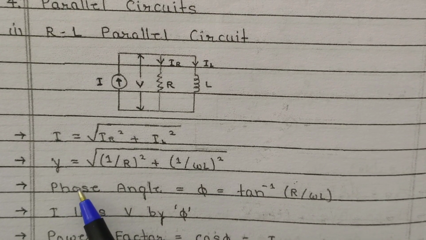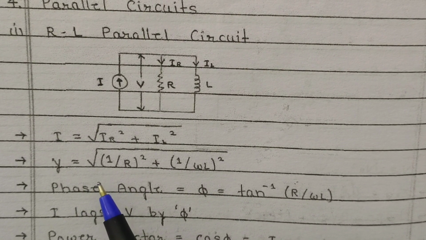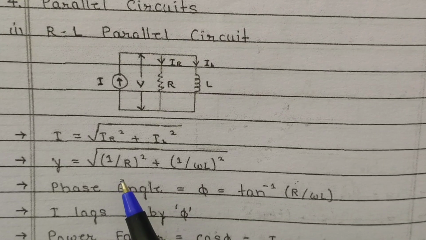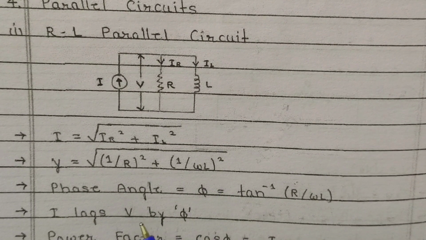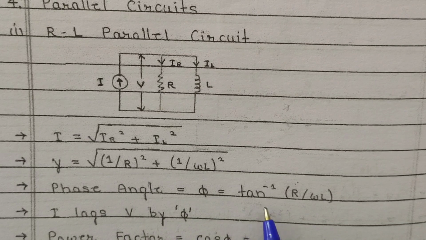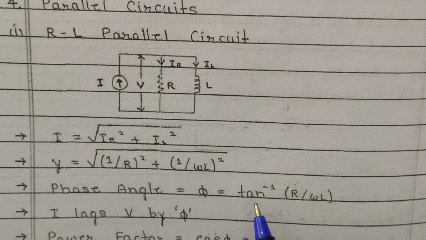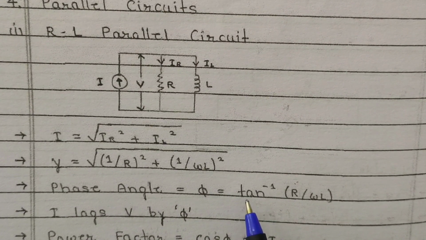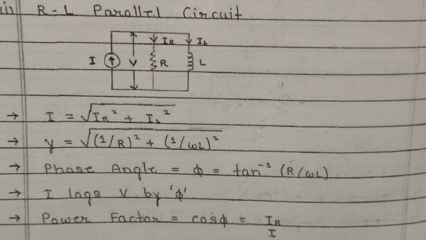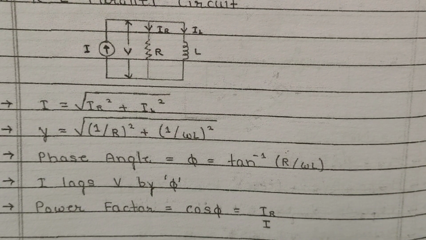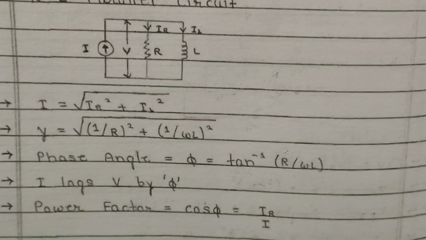So admittance is equal to under root of reciprocal of resistance whole square plus reciprocal of XL whole square. Phase angle will be opposite to the series circuit. Phi is equal to tan inverse of R by omega L. Here current lags voltage by phi, where cos phi is equal to IR, current across the resistor, by source current.